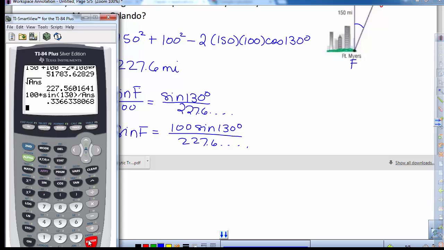And I get 0.336633. And then, of course, to find F, I need to do the inverse of that. So second sine inverse, second answer. And we get 19.67 degrees. Okay, I'm going to store that as alpha F, just in case I need it.